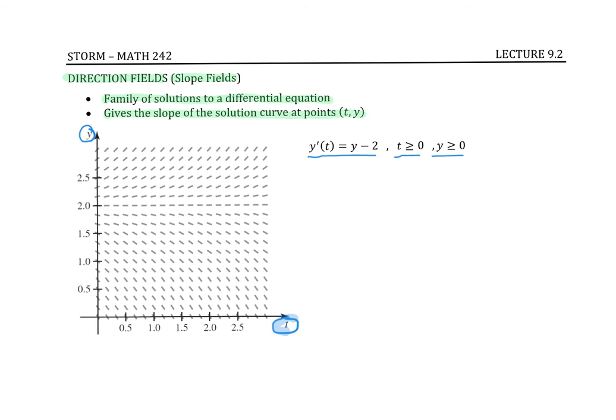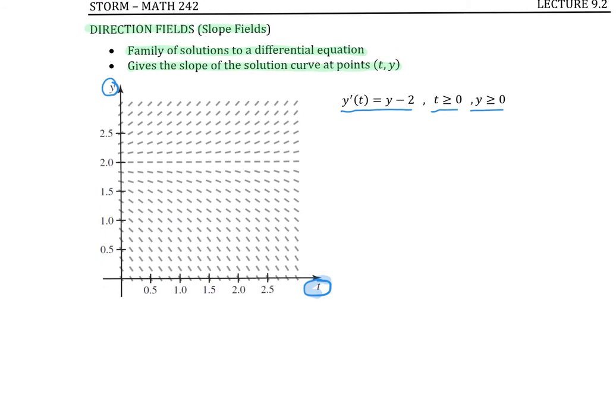So if we have an initial condition, we can draw the solution curve, a specific curve at that point. Let's just say that t is 1 and y is 1. So we're going to have this point 1 comma 1.